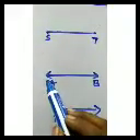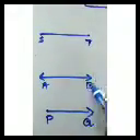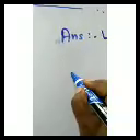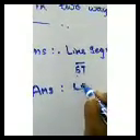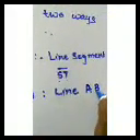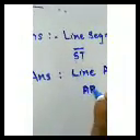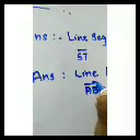What is this? Two arrows. That means it extends on both sides. That means it's a line. What's the name? Line AB, or another way, AB with arrows on top.